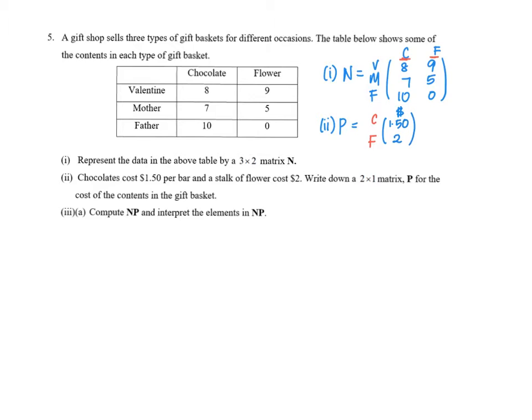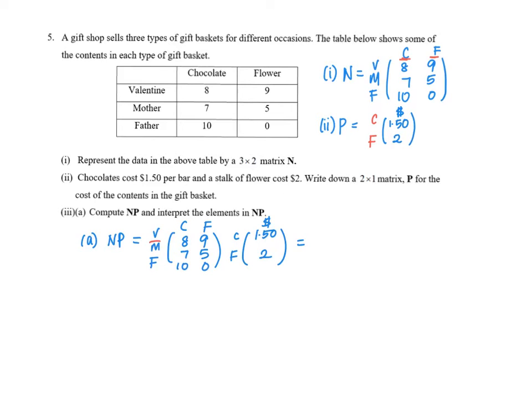Next one, compute NP and interpret the elements. So we are taking the quantity of Valentine's Day, Mother's Day, and Father's Day for chocolate and flour, to be multiplied to the relevant prices for chocolate and flour as well, $1.50, $2. So eventually we'll get a final matrix.